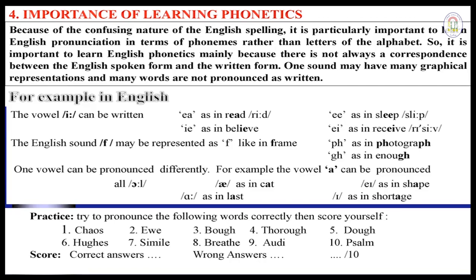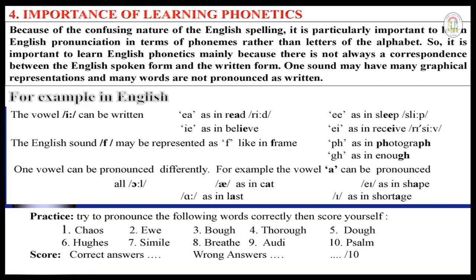We can find it also as double E, as in sleep, or as EI, as in receive. On the other hand, the English sound F may be represented as the letter F or the combination PH, like in frame or photograph, or even as GH, like in enough.